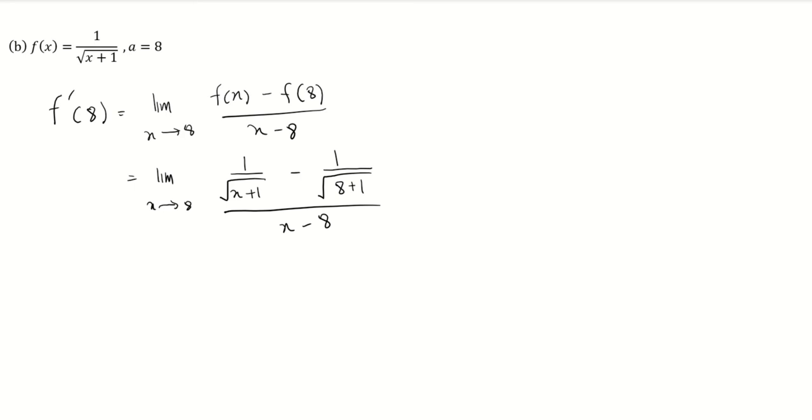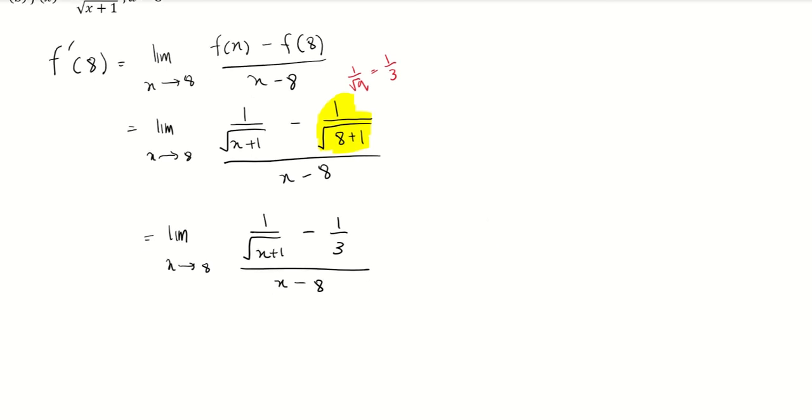We can simplify this: square root of 9 is 3, so this part is just 1 over 3. What we have left is the limit of x approaches 8 of 1 over square root of x plus 1 minus 1 over 3, over x minus 8.